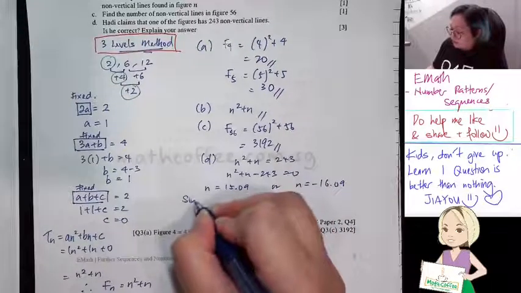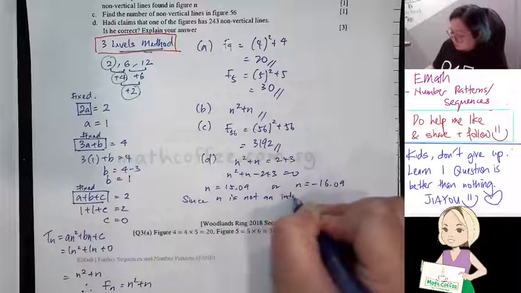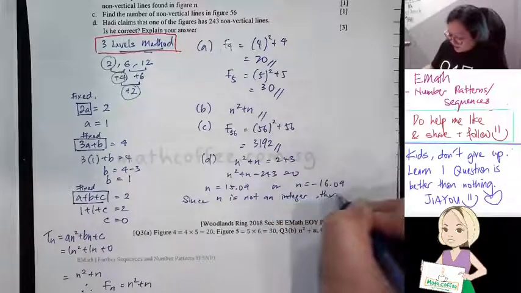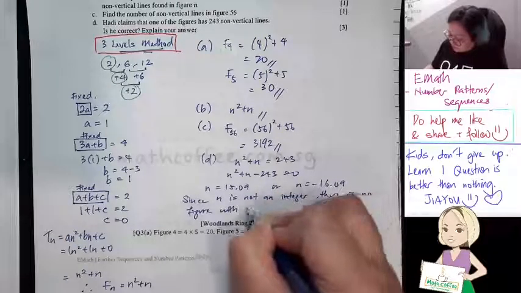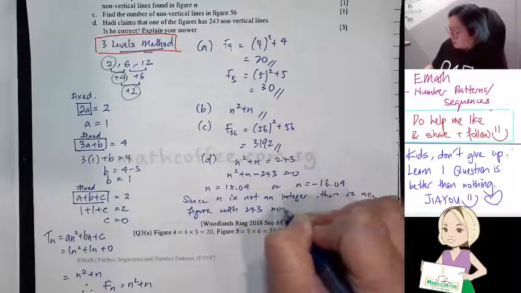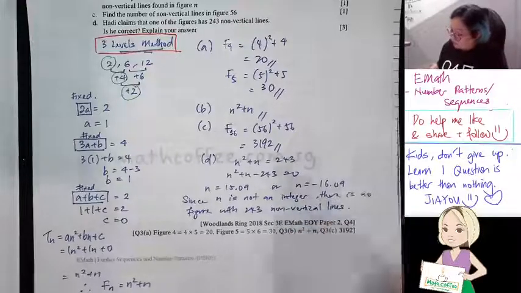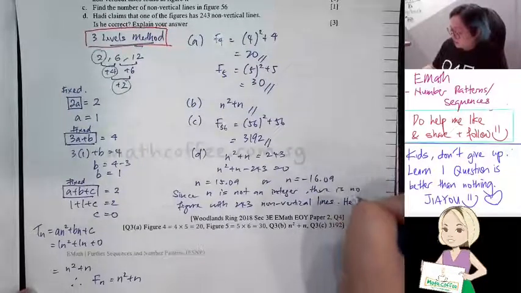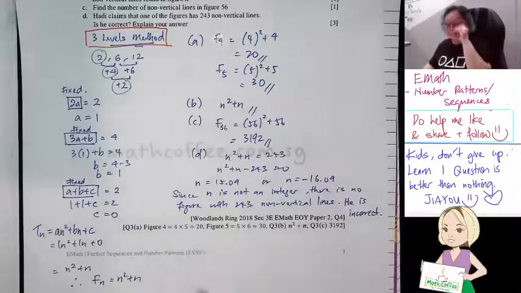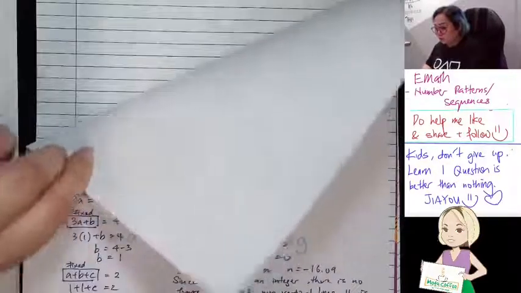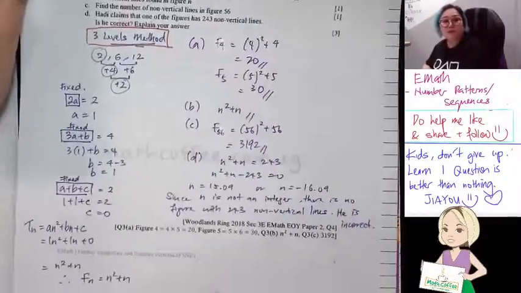So again, popular statement, since n is not an integer, there is no figure with 243 non-vertical lines. Then you have to confirm and say that he is incorrect. Okay? So this is how you do this using the 3-level method to find out the formula.